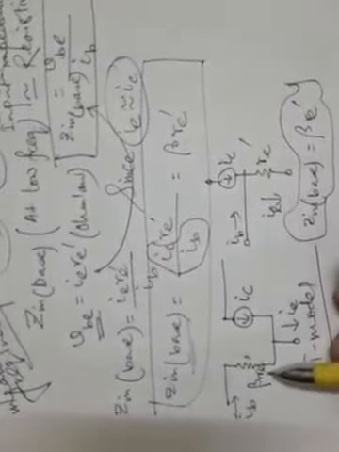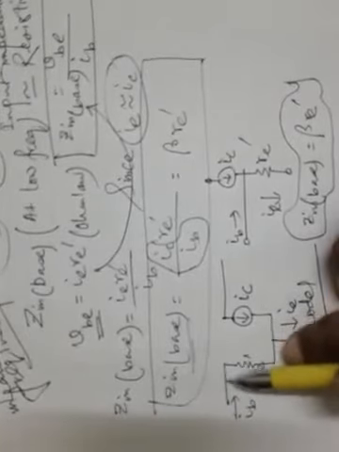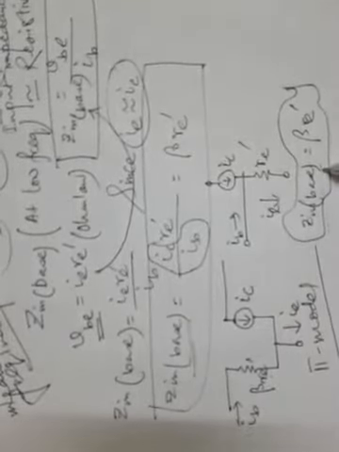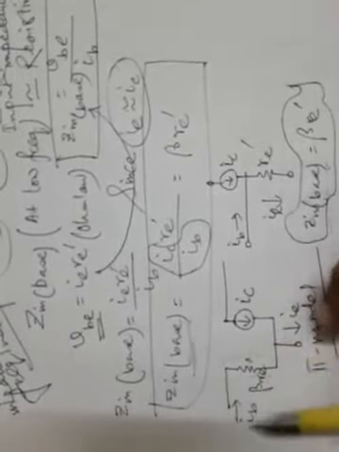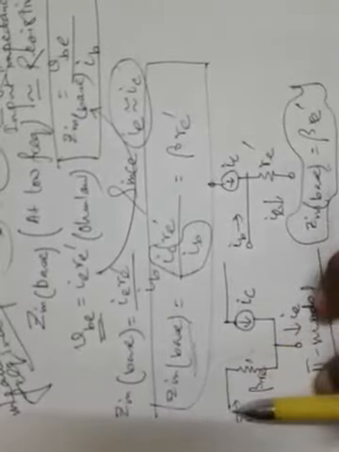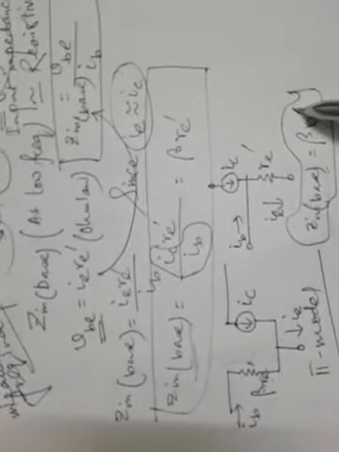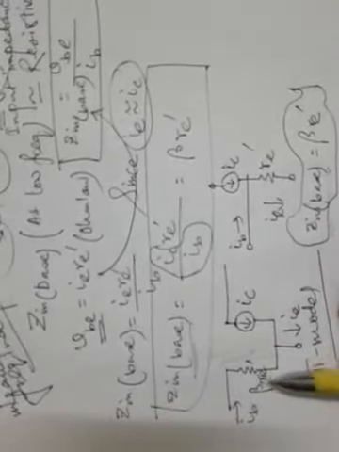That means this beta RE dashed is represented as an input resistance, which is called Z in base, and you can see that through this terminal IB is flowing. So this side is the input base current, and the input impedance is represented by beta RE dashed, by this resistance in the pi model.